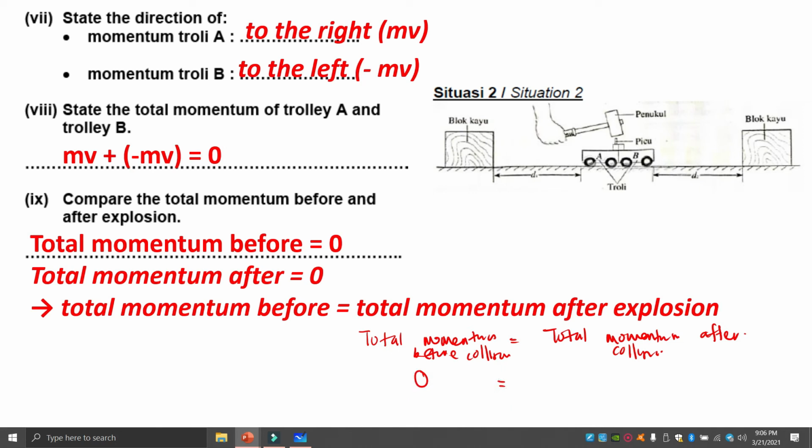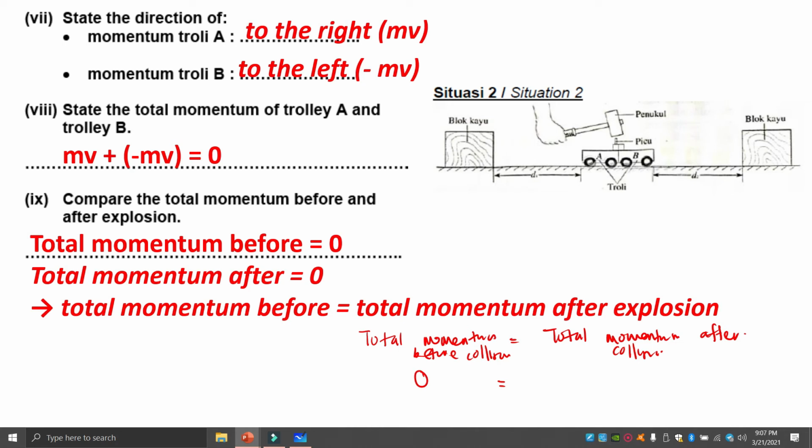After collision, one moves to the right, one to the left, but with the same momentum, because the distance is the same, meaning the velocity is the same. And the mass of the two objects is also the same, so they both move with the same momentum, but one has a positive v, one has a negative v.